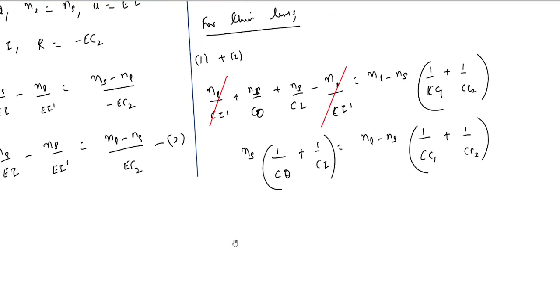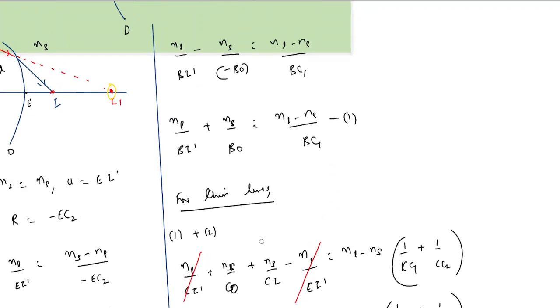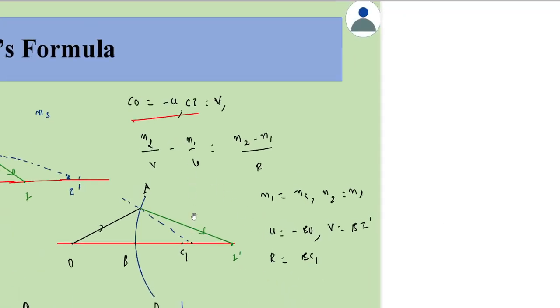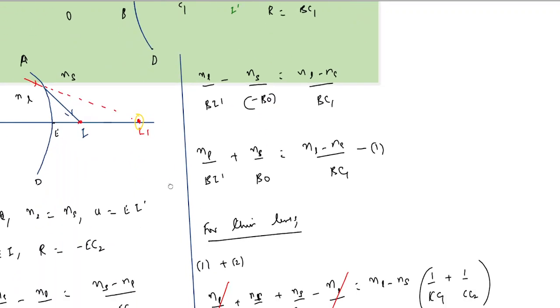Again look at the values. What is CO? CO was minus u, CI is plus v.